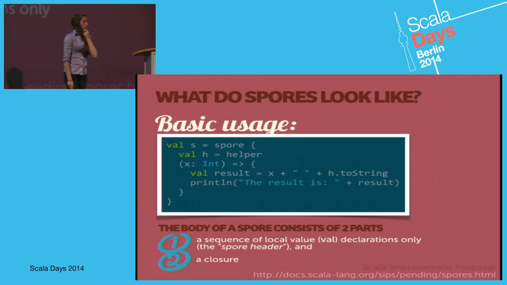So what do they look like? They exist in this thing called a spore block, and there are two parts to it. This val up here is a spore header. You can have a sequence of these, as many as you want, and then the actual closure. This spore header basically represents the environment.